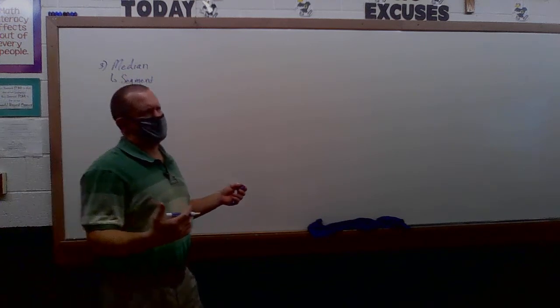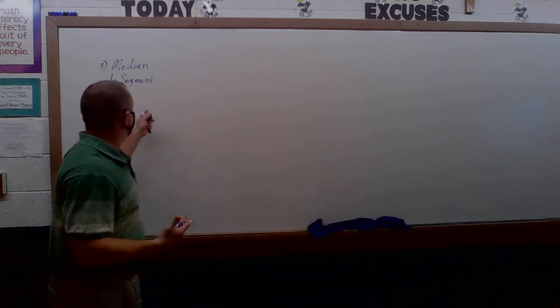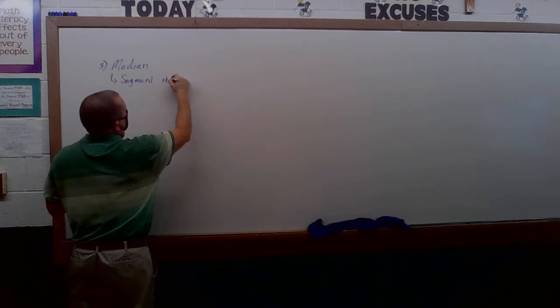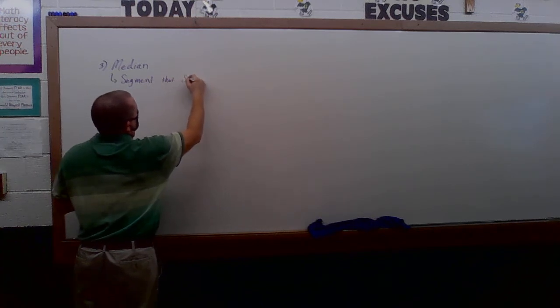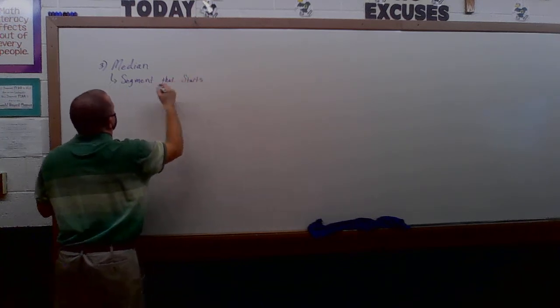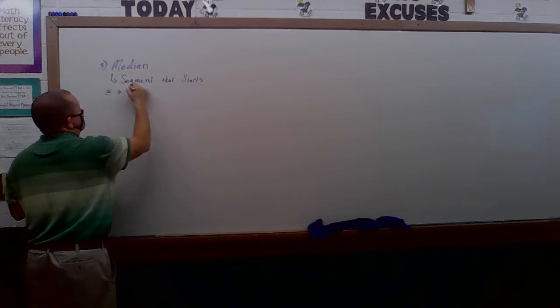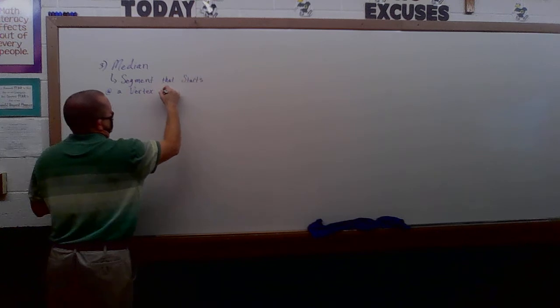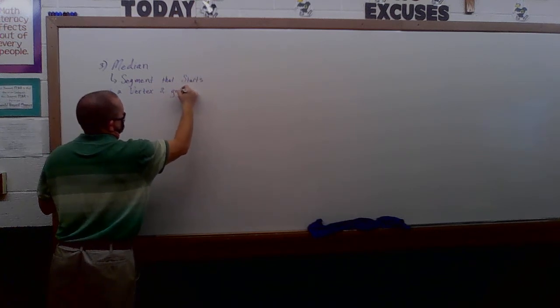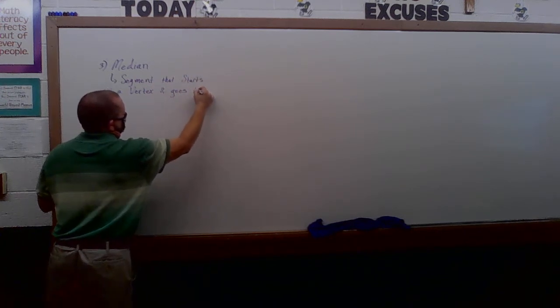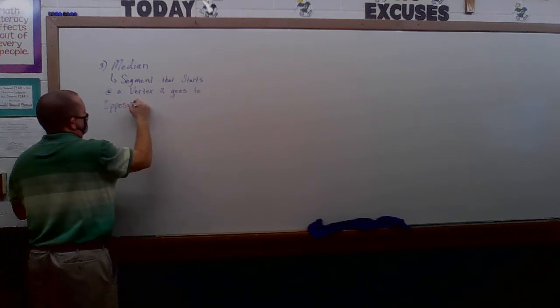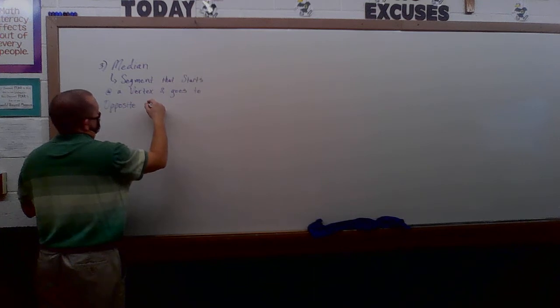Realistically, it could still be a line, but usually this is definitely a segment that starts at a vertex and goes to the opposite. What'd you say? The middle, right?